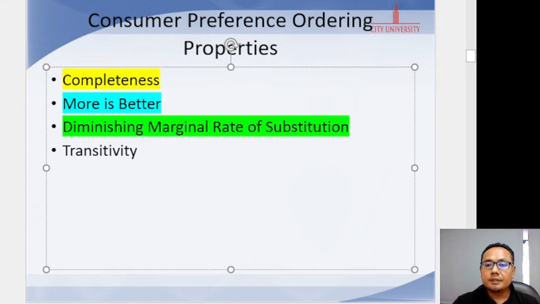It also eliminates the possibility that the consumer is caught in a perpetual cycle in which he or she never makes a choice.